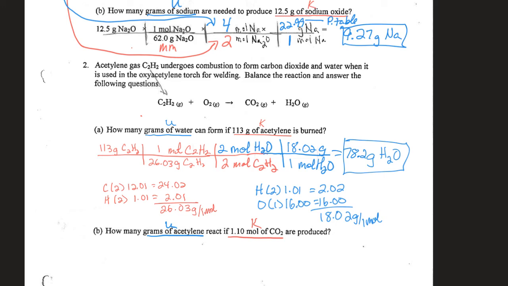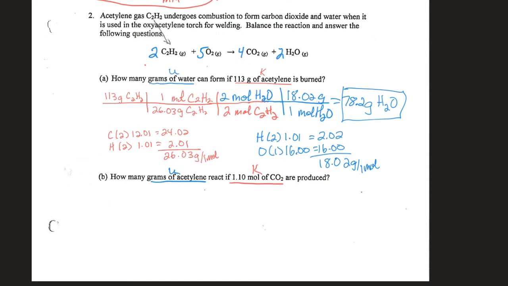Except I just erased what needed to be balanced. Let me write those back in there. We had 2, we had 5, we had 4, and we had 2. Those were the coefficients that I shouldn't have erased.